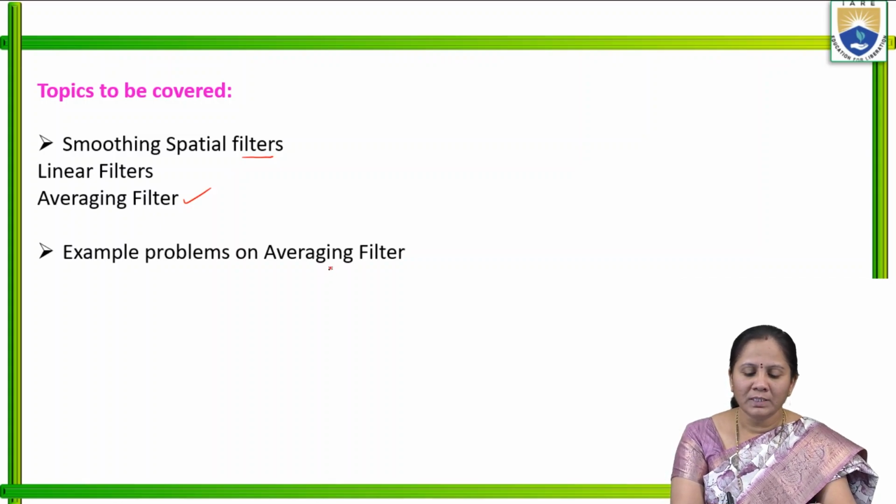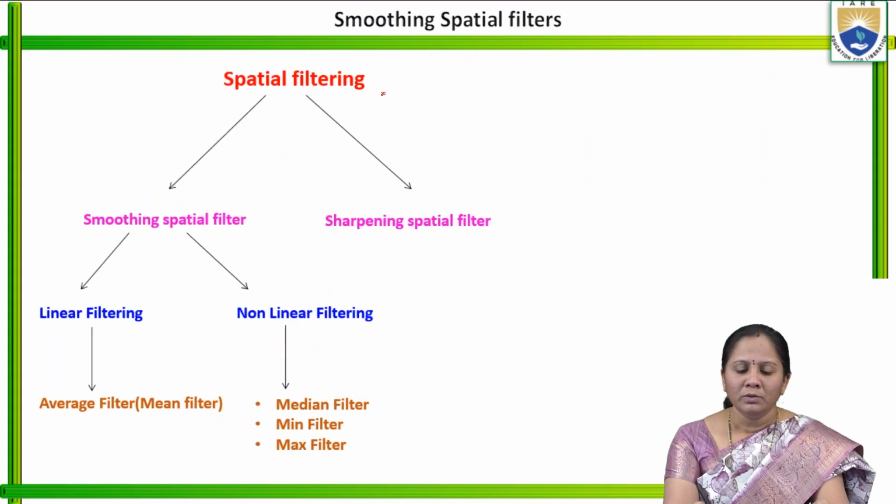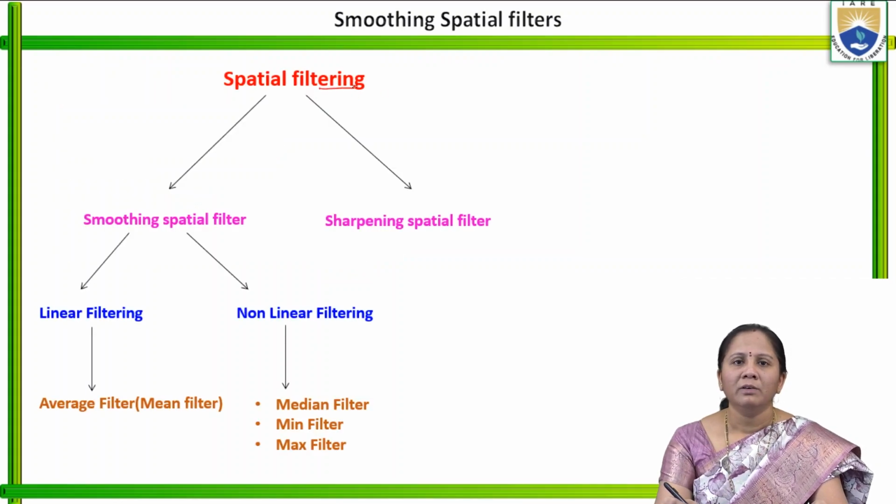Next we will see some example problems on the averaging filter. That means if an image is given, how to apply the averaging filter on that image in order to make it smoother.